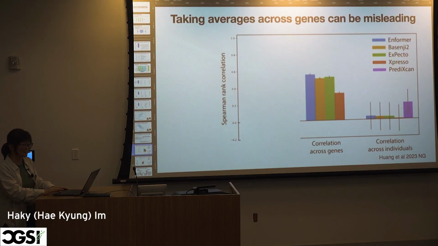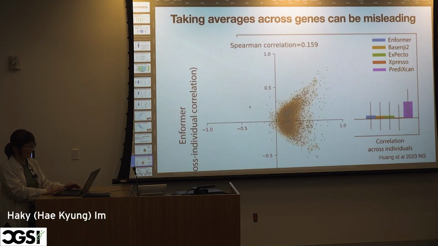Whereas PredictScan, our method, gives, but obviously PredictScan cannot give you this, it's 0 here. Anyways, the point is, if you plot the prediction performance of Informer against the prediction performance of PredictScan, in PredictScan or TWAS methods, the loss function is the correlation. So it gets the correlation right.